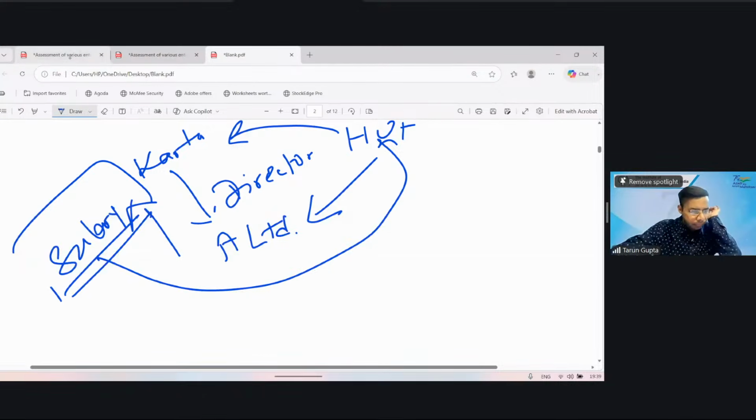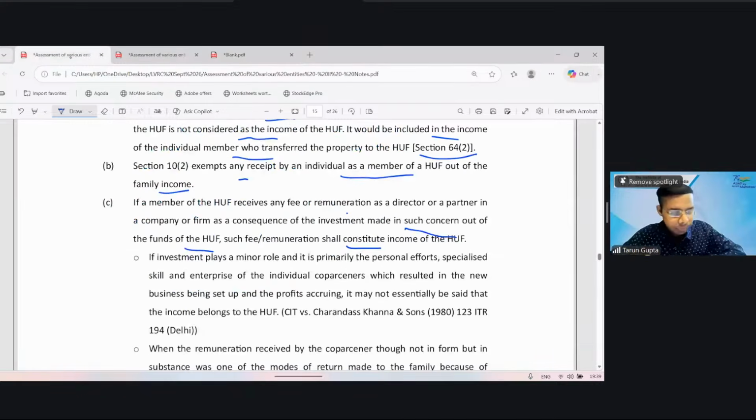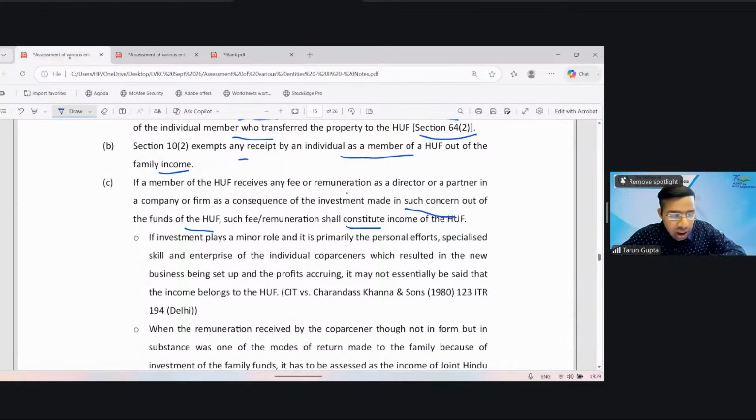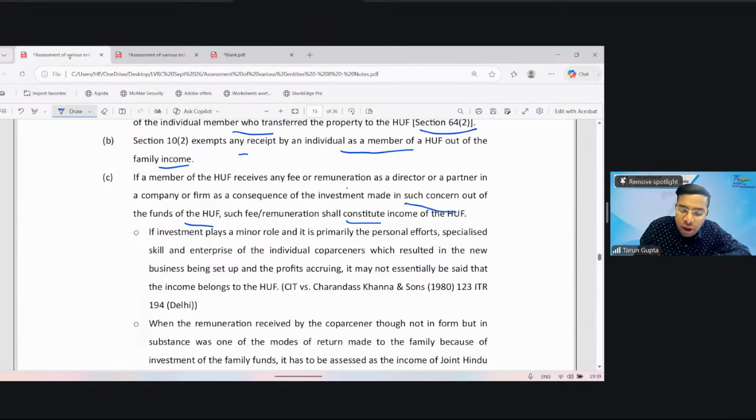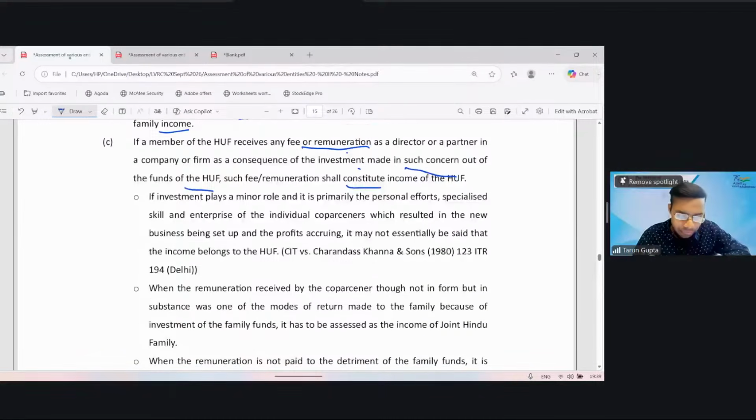See, if a member of HUF receives any fee or remuneration as director or partner in a company or a firm, as a consequence of investment made in such concern, in such company or a firm, out of the funds of the HUF, such fee or remuneration shall constitute income of the HUF. Okay.